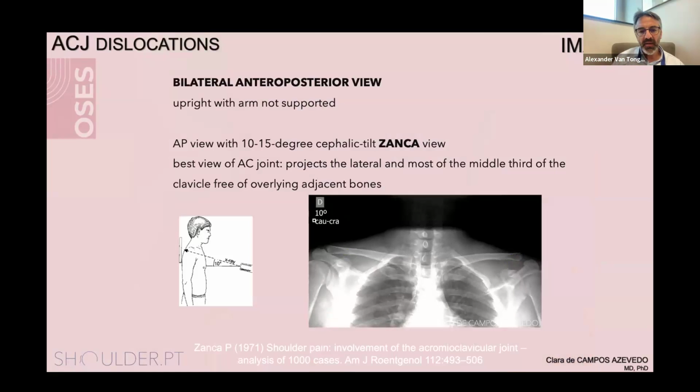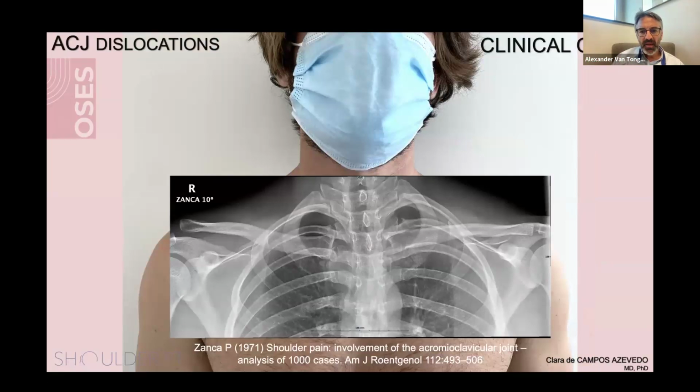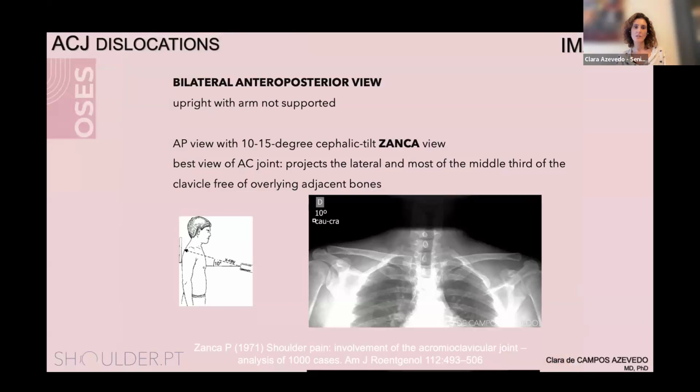Here you can already see a little bit the difference of the projection of the coracoid. So you can see that the scapula is a little bit more protracted in the right one compared to the left one. Okay, great.